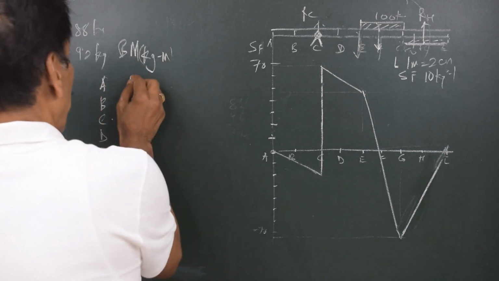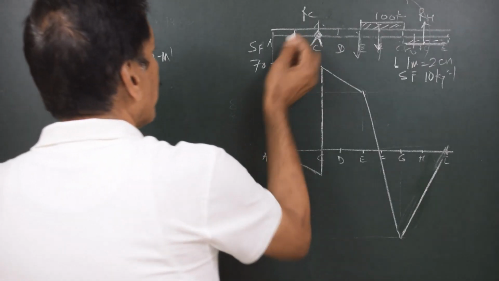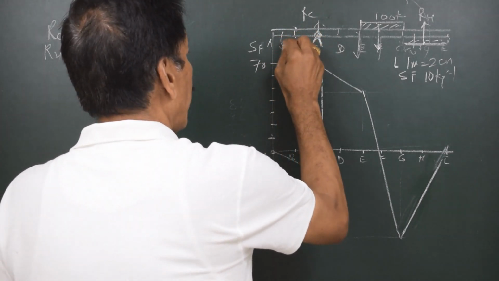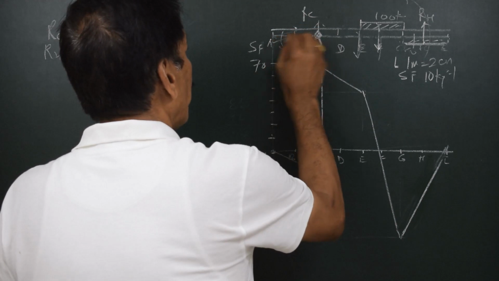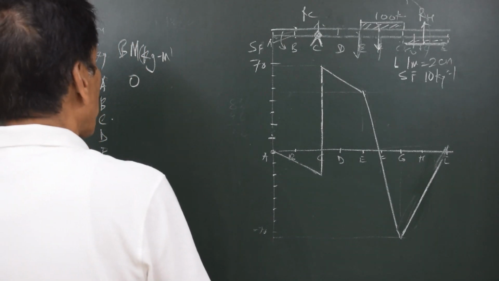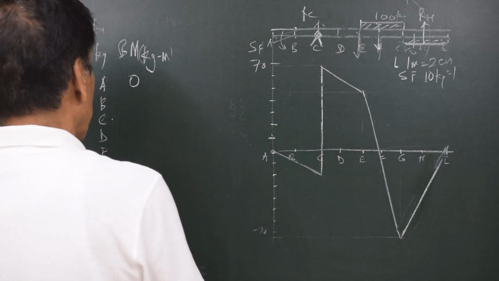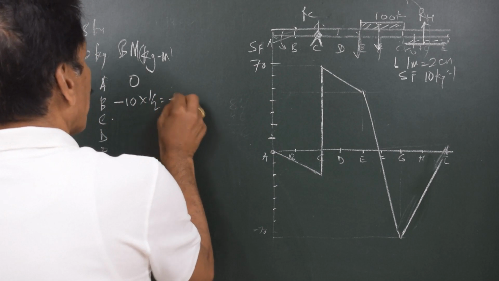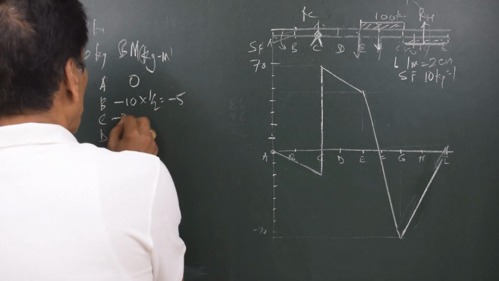At A, the bending moment is 0. At B, as I told you, fix this point, and this force of 10 kg is trying to bend the beam in anti-clockwise manner. Anti-clockwise to the left of point under consideration is negative, so it is minus 10 into half, that is minus 5. At C, it is minus 20 into 1.